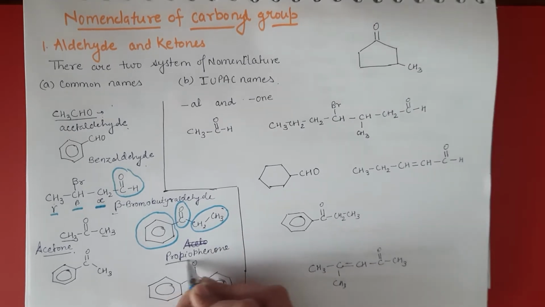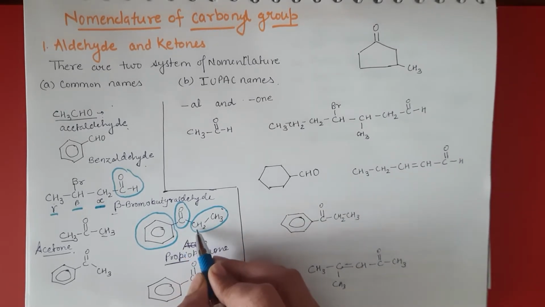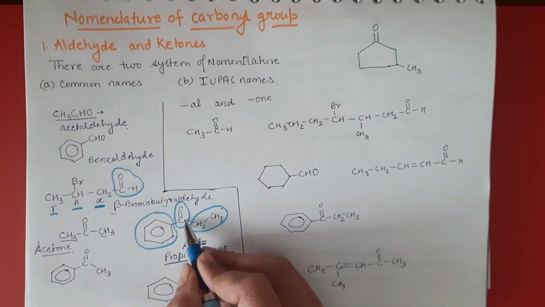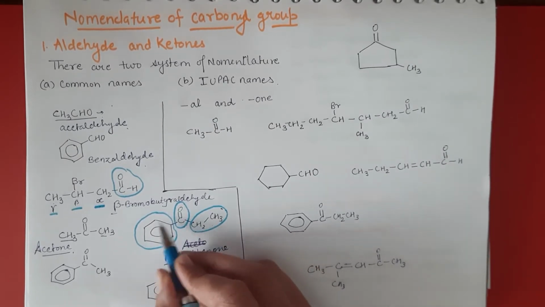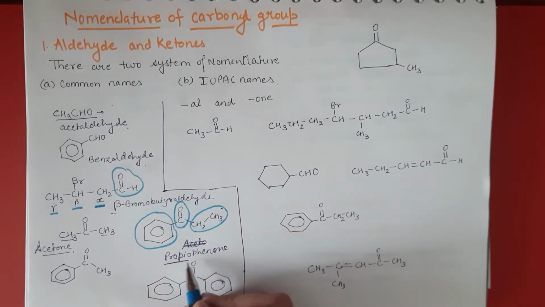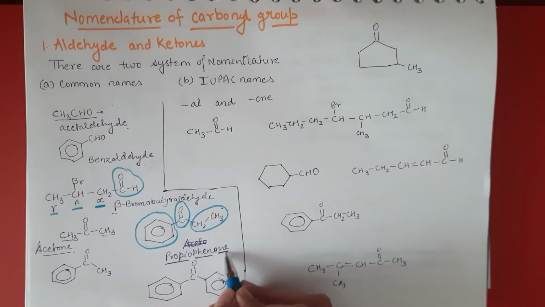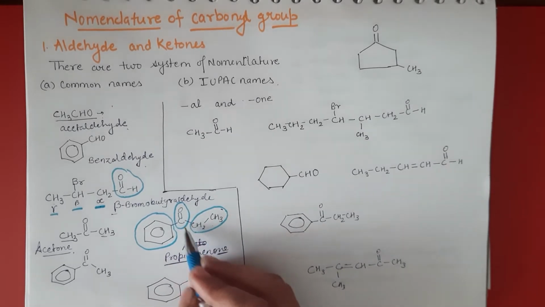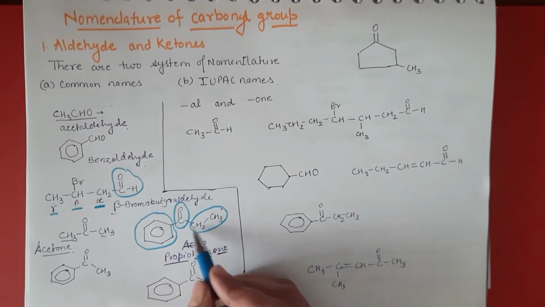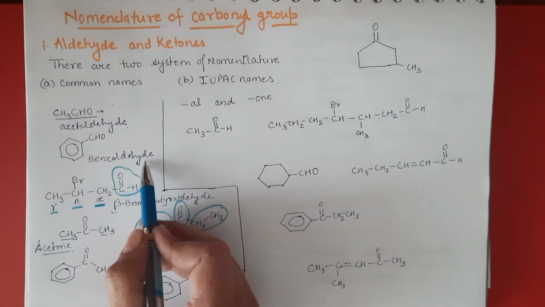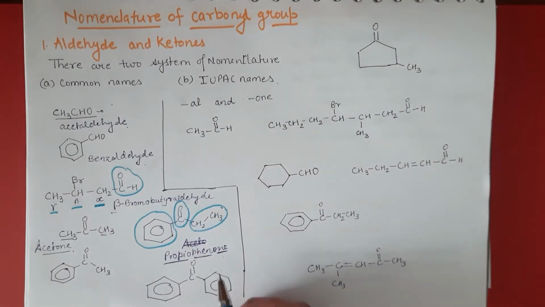Okay, propio is used for this 3 carbon, 1, 2, 3, because the 3 carbon chain is connected to the benzene ring. So propio, and phen means phenyl, and one is used for this ketone. Okay, one is used for ketone and benzaldehyde is used for aldehydic group.